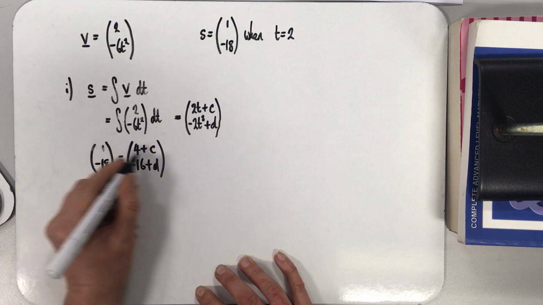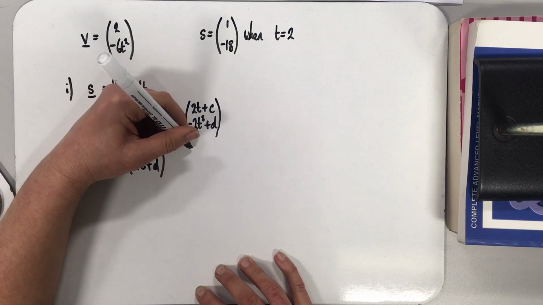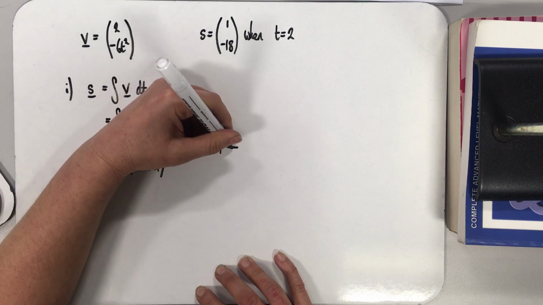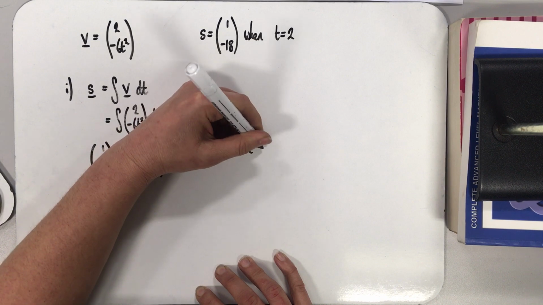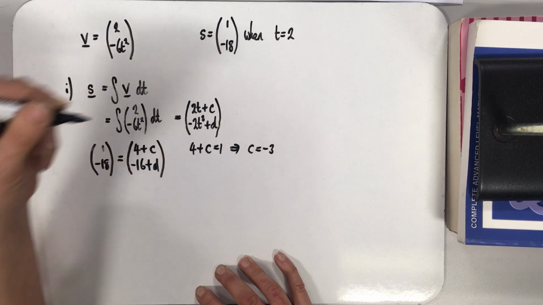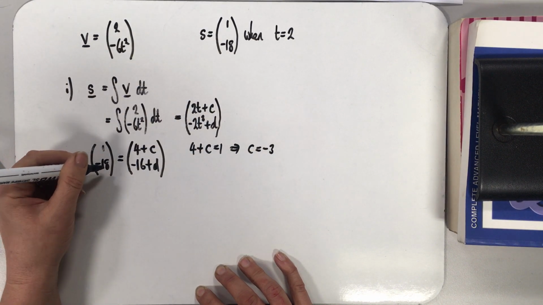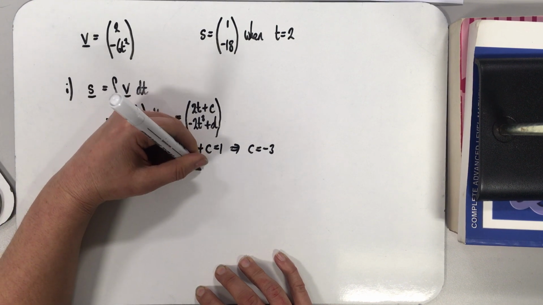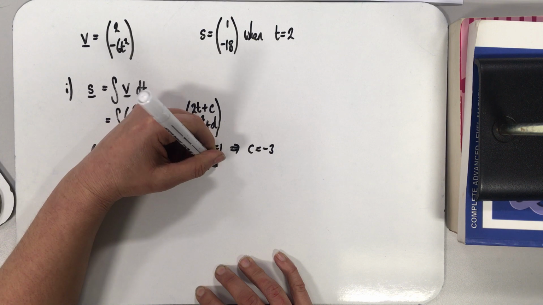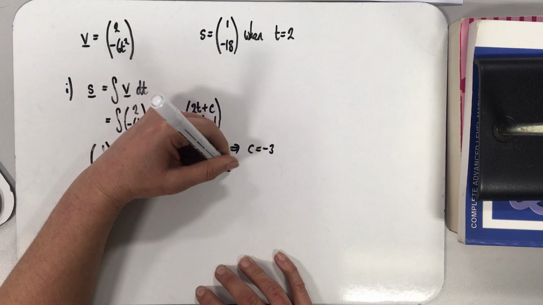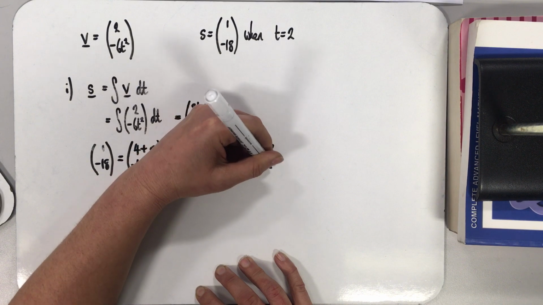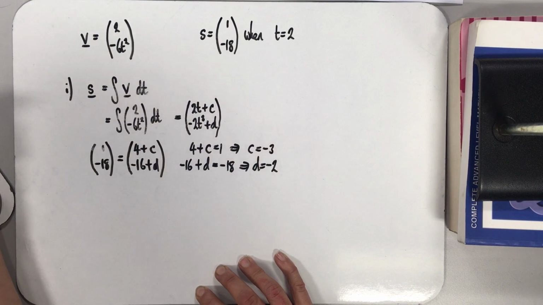And so equating x's and y's, 4 plus c has to equal 1, and so c is equal to negative 3. And minus 16 plus d is equal to negative 18, and so d is negative 2.